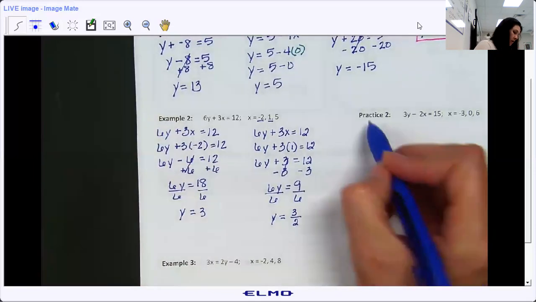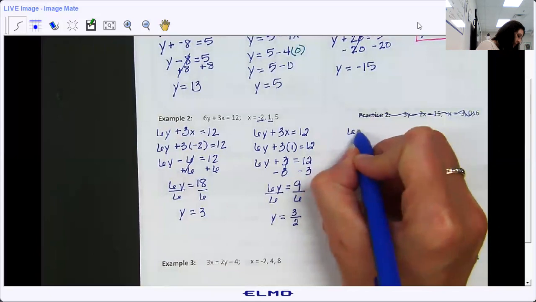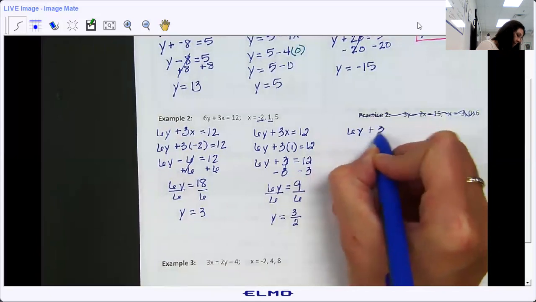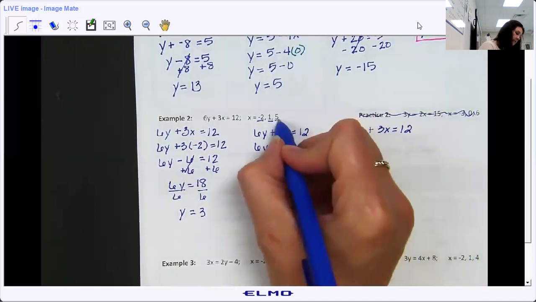All right. We're going to cross off this practice too, because we're not going to do it. We're going to do our last one. 6y plus 3x equals 12. And the question is, what is y when x is 5?